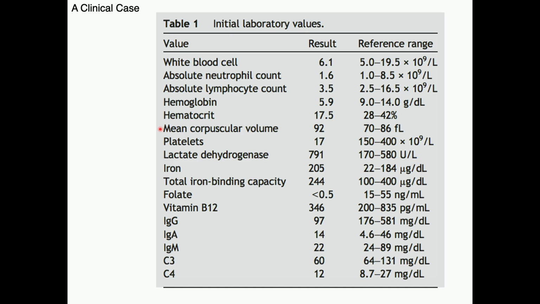So that's where we get our macrocytic anemia. Okay. What else is significant here? There's elevated iron, and that's probably a result of the anemia. The major fate of iron in our body is to support erythropoiesis, and if that's not happening normally, then you're going to get elevated iron.